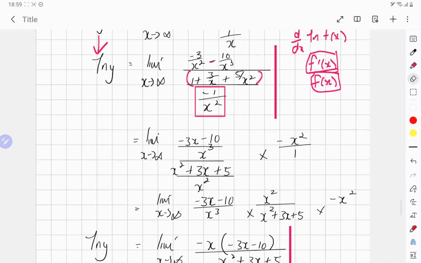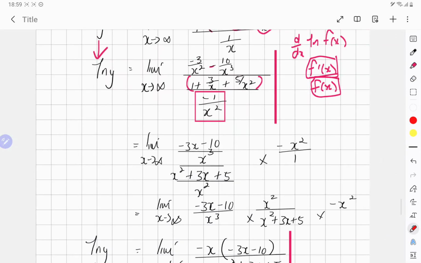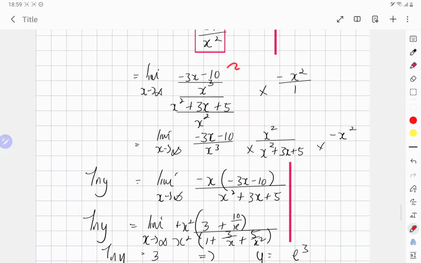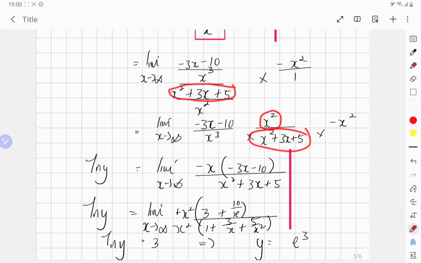So now what do we have here? What I did there, I have my fraction times negative x squared over 1, but again tip and times. When I divide by a fraction, I tip it, so the denominator becomes the numerator and the numerator becomes the denominator.